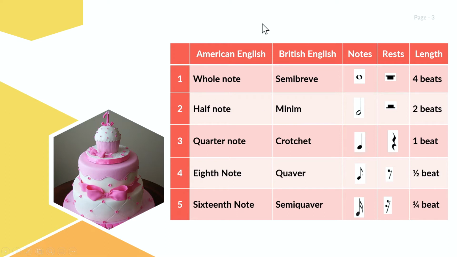The table is divided into 5 rows and 5 columns. Each of the rows covers a specific note, and the columns break down into different sections: the American and British English names, the notes or sounds, and rests or silence, and the length or duration. Now let's break this table down row by row.